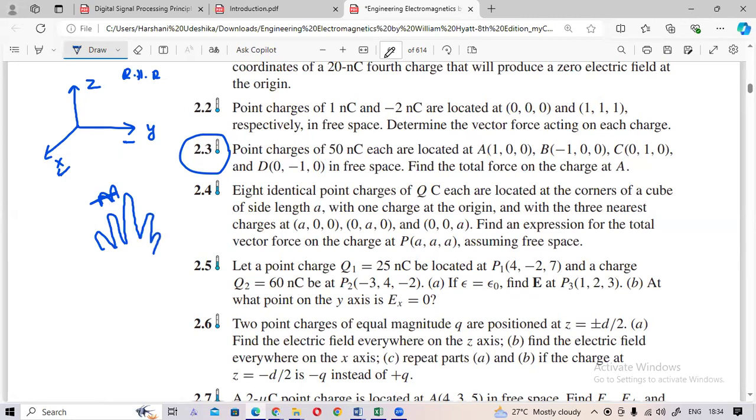You have to use the right hand. This is the thumb, the big finger, for the x-axis, this for the y-axis, and this is for the z-axis. So using this, you have to get this direction.